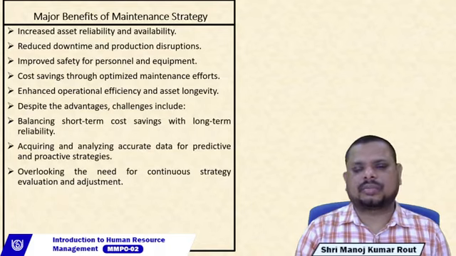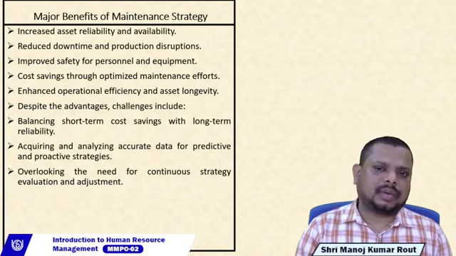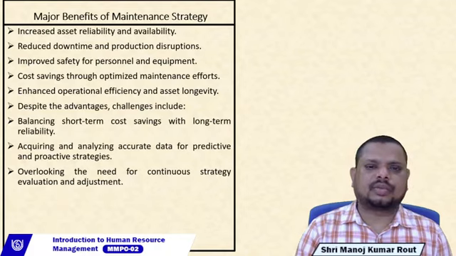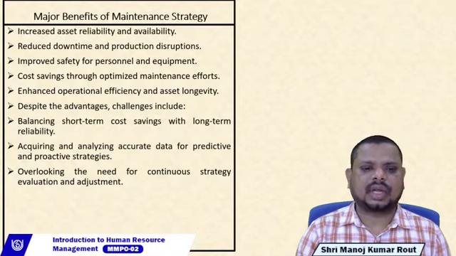The most important objective of maintenance strategy is to reduce downtime and eliminate errors from production. If you implement maintenance strategies, it improves safety for personnel as well as equipment. The next is cost saving through optimized maintenance efforts, enhanced operational efficiency, and asset longevity.